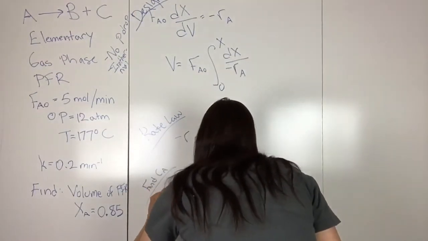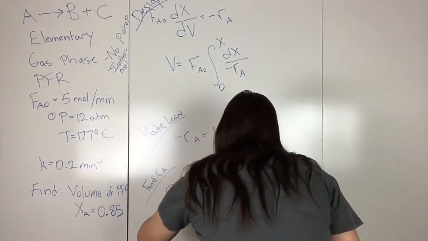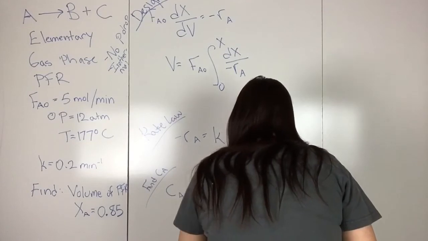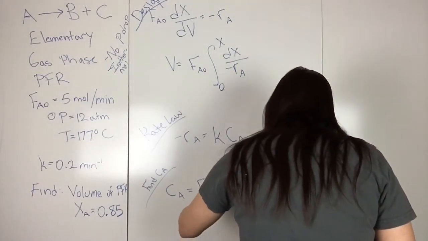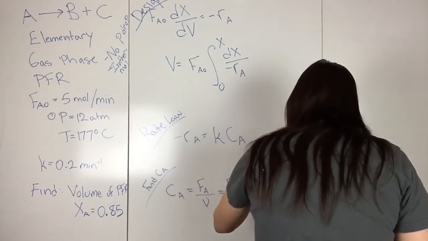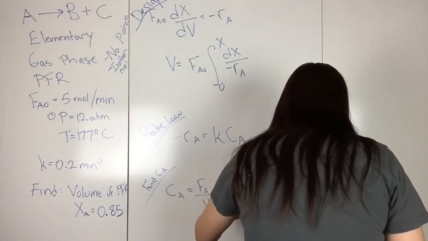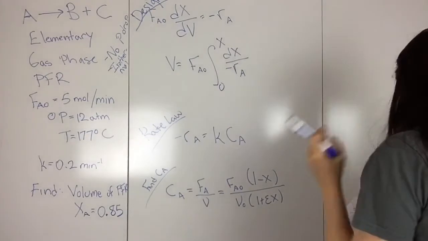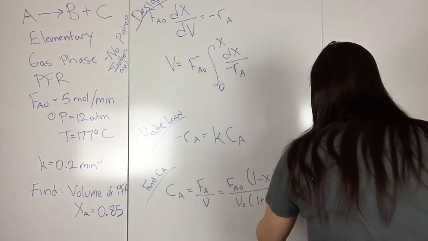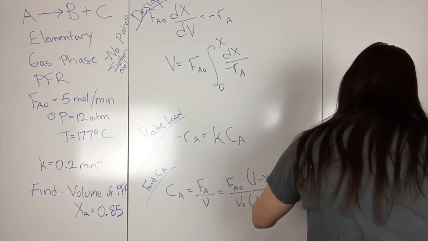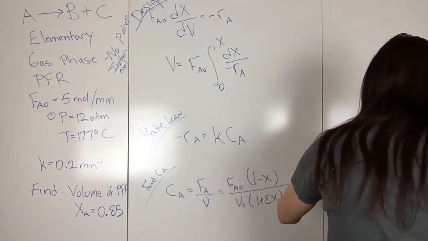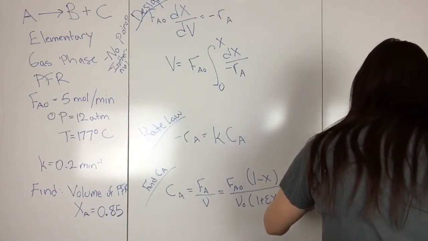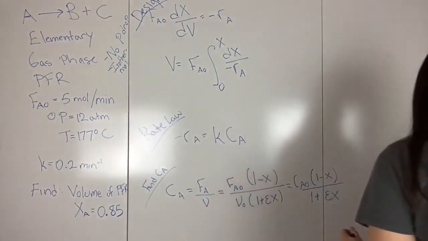So we know that CA is equal to FA over v, and that is equal to FA naught (1 minus X) over v naught (1 plus epsilon X), so this equals CA naught multiplied by (1 minus X) divided by (1 plus epsilon X).